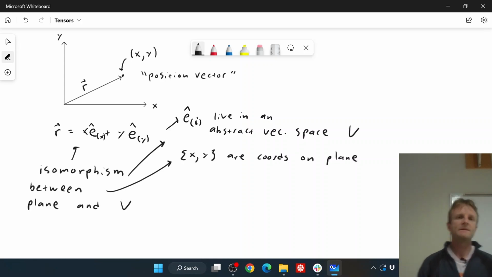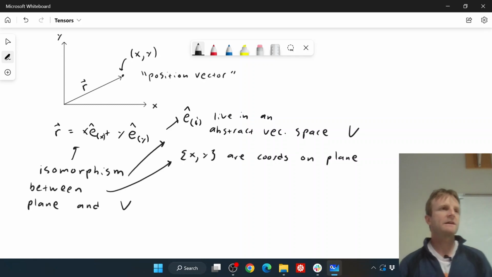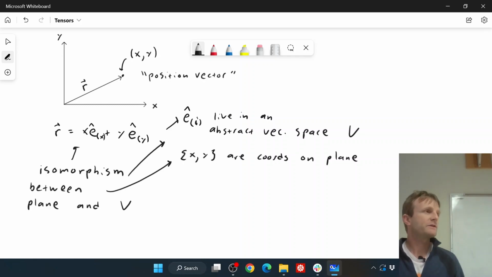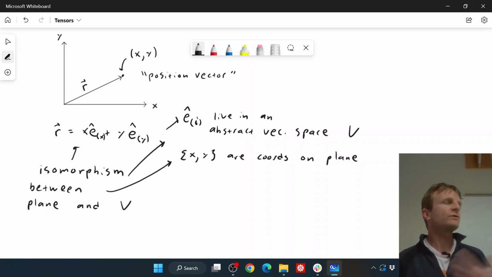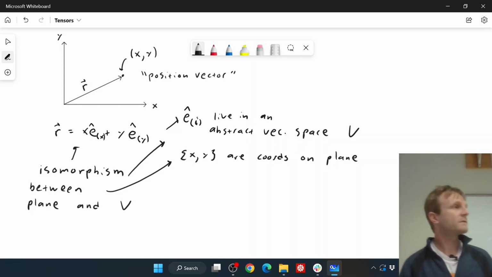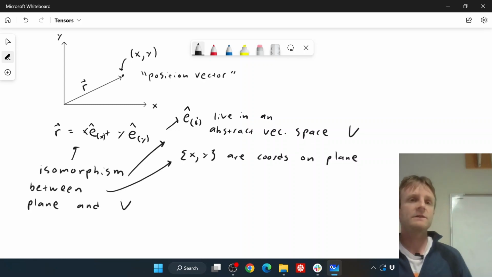Okay? So the position vector is, formally speaking, a special thing you could do in a flat plane because the coordinates in a flat plane naturally have the structure of a vector space if you're in Cartesian coordinates. Okay? So this construction only works in Cartesian coordinates.